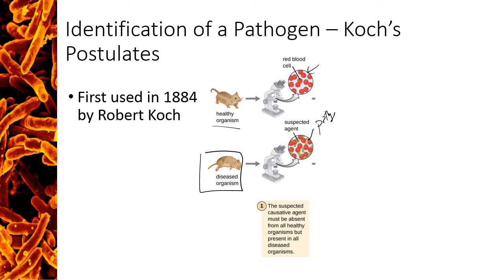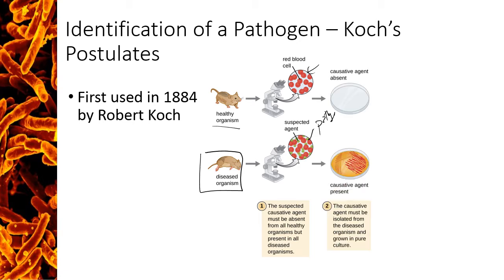So that's a sign that maybe this microbe is what's causing the disease. To identify if it truly is, the next step is we have to get what's called a pure culture. We've talked about culturing already. It's important to get this specific microbe growing individually on the plate so that we can know we're studying the specific microbe we thought was involved. Obviously, there's no microbe in the healthy ones, so there's nothing growing on those plates.